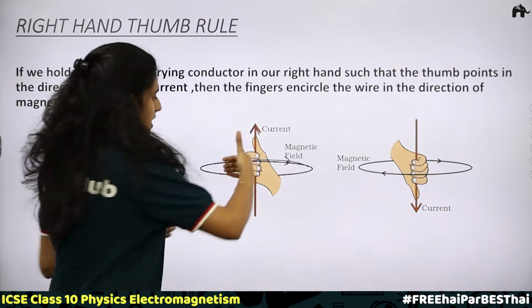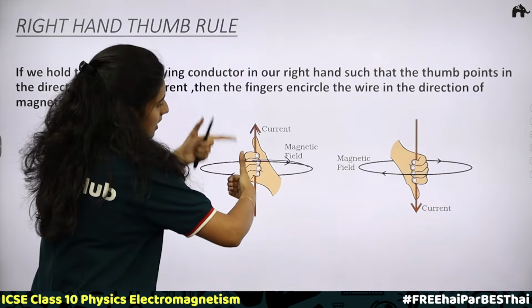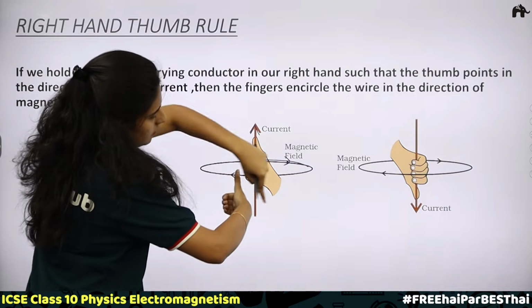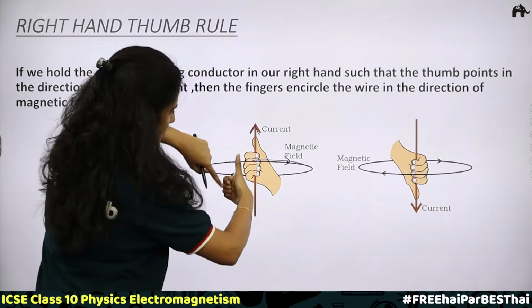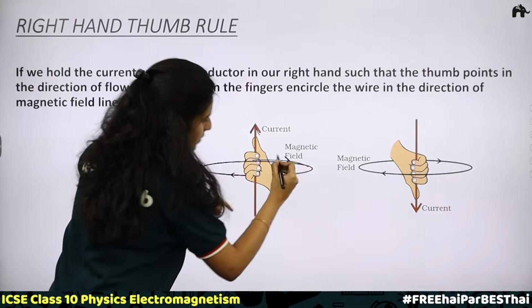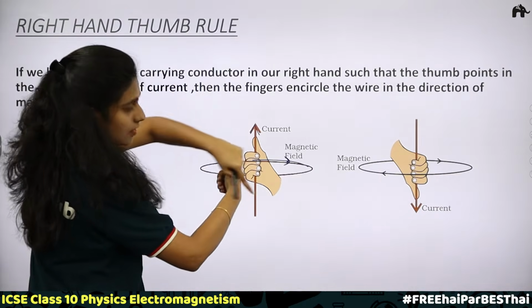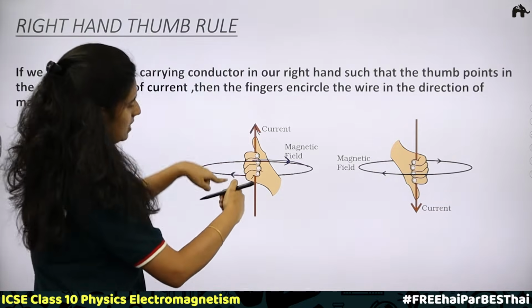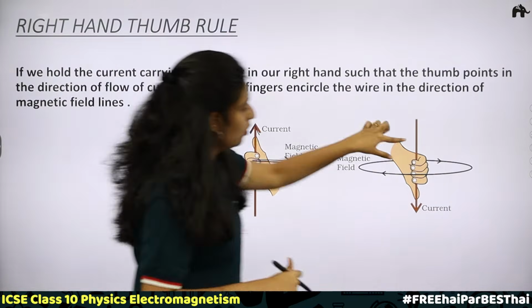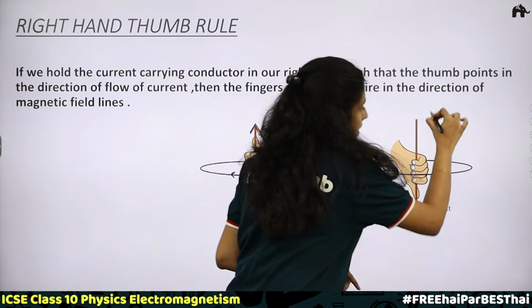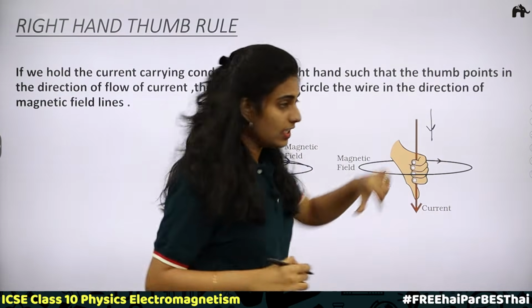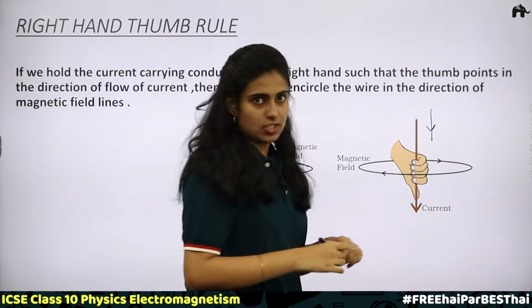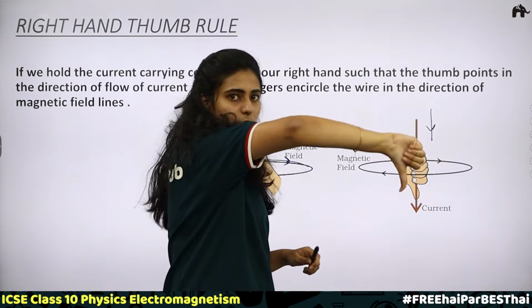So consider your right hand. This is how you are holding the conductor and you will have the direction of your fingers. So here it is in this way, that is the upper part. The lower part in this direction. So when it reaches here, it will be in this direction. Clear? When you are holding the conductor in the downward direction, that is, the current is flowing through the conductor in this direction, then this is how you will be holding your hand.